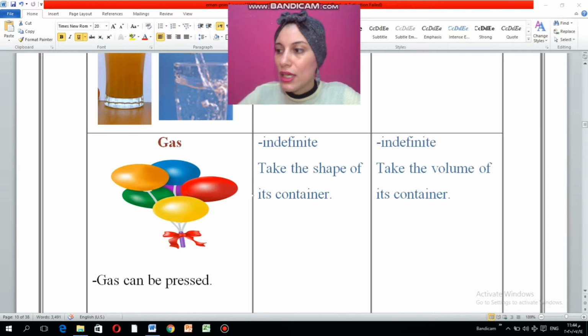If another question says water is a liquid, I will say because it has indefinite shape and definite volume. The oxygen or the air is a gas, I will say because it has indefinite shape and indefinite volume.